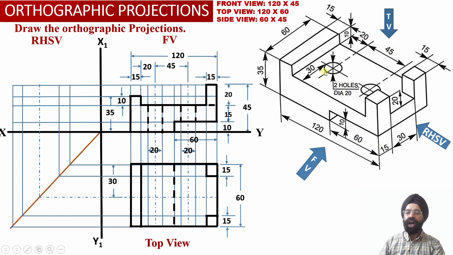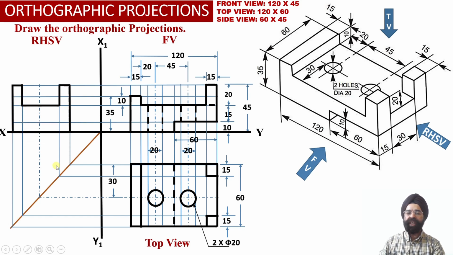Now we are left with these two holes having a diameter of 20 millimeter each. The center point of hole number 1 and hole number 2 has already been evaluated. So using these two center points, we have been able to obtain the circular hole with a diameter of 20 millimeter on the left hand side, and another circular hole with a diameter of 20 millimeter on the right hand side through the center point.